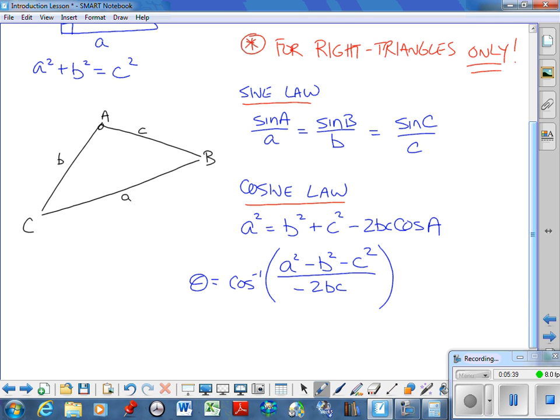And those find you your two angles. All right, so a couple of examples with that on the next slide.